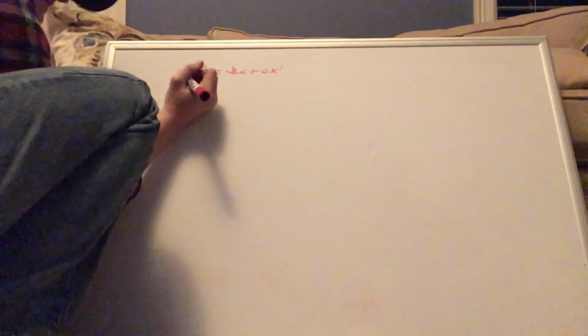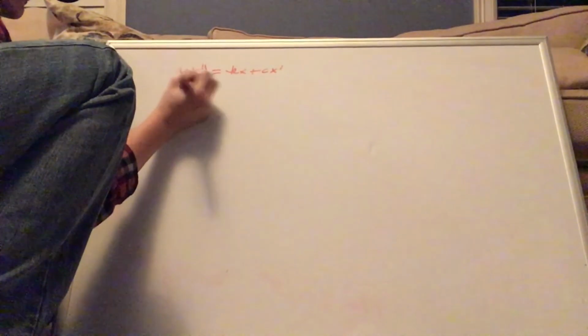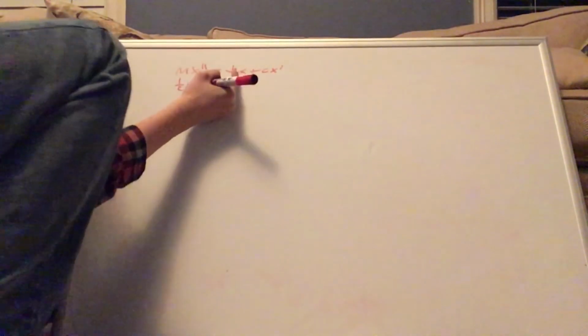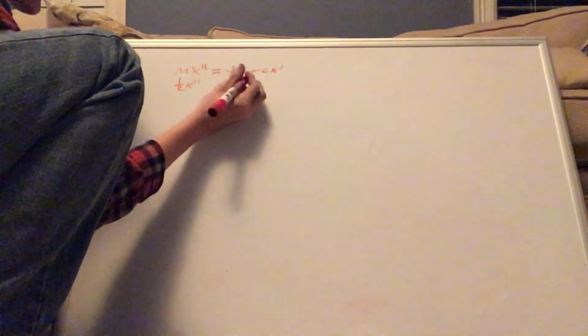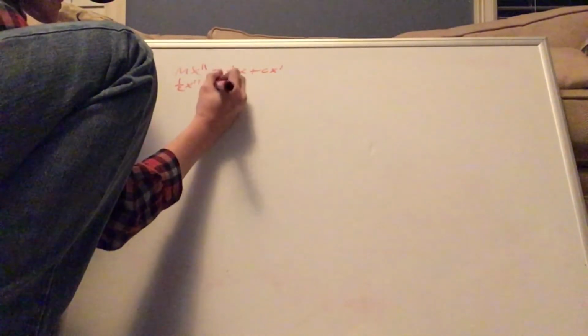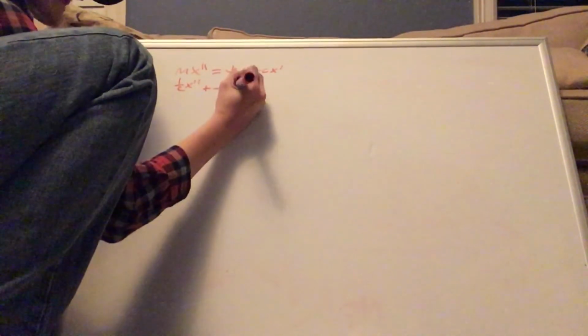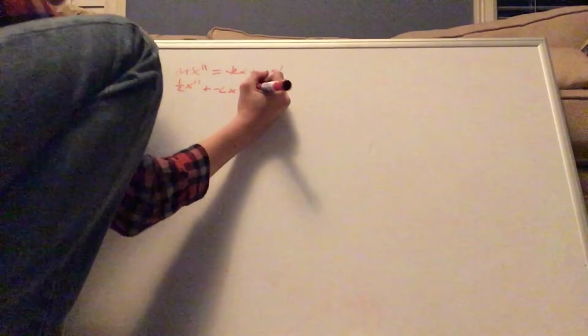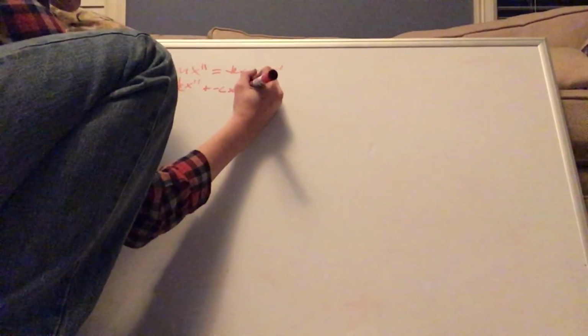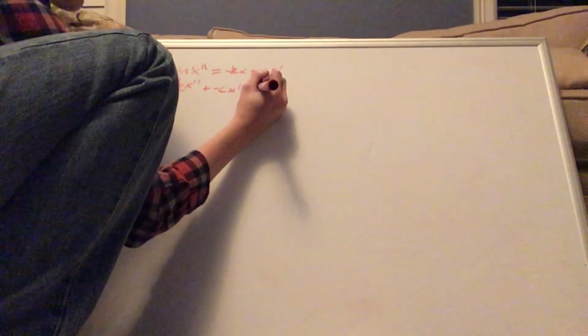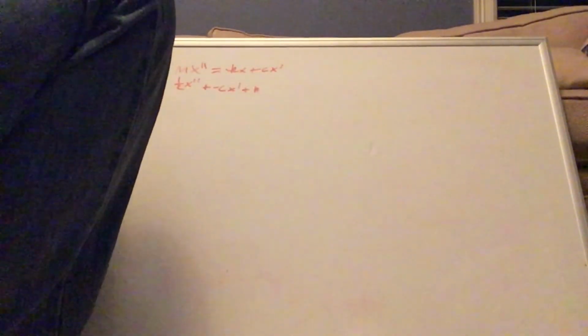M is 1/2 kilogram, K is 50, and the c is arbitrary. We're going to solve for the c. Plus k, or 50x.